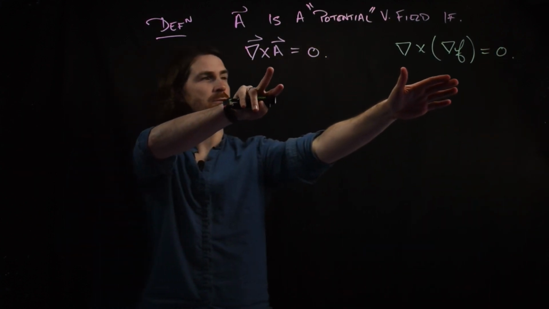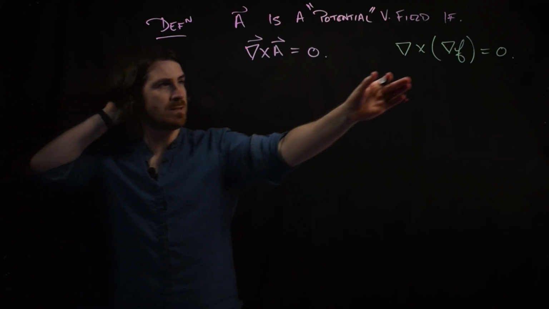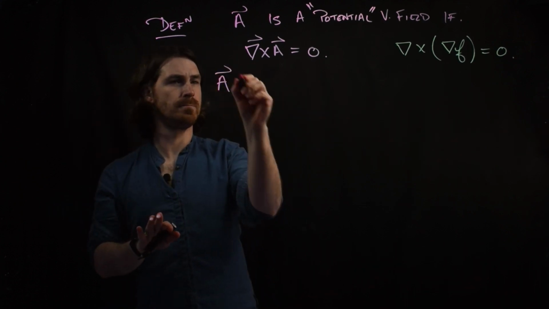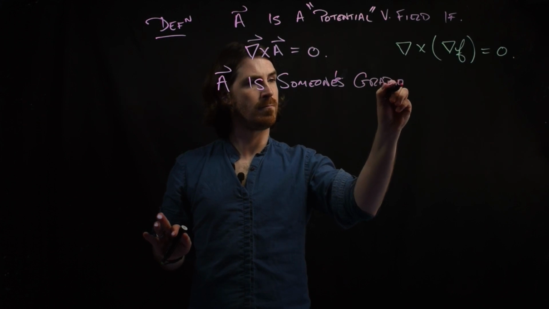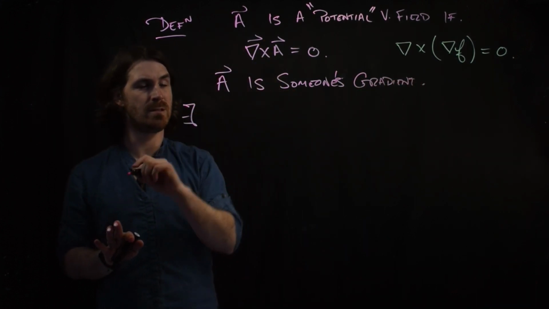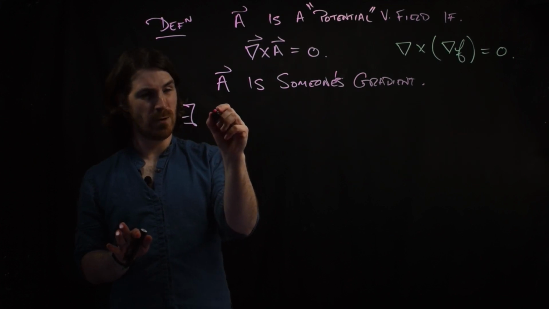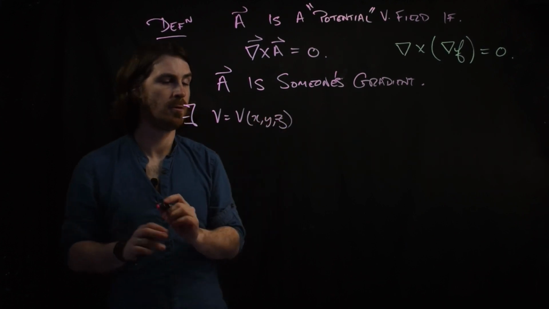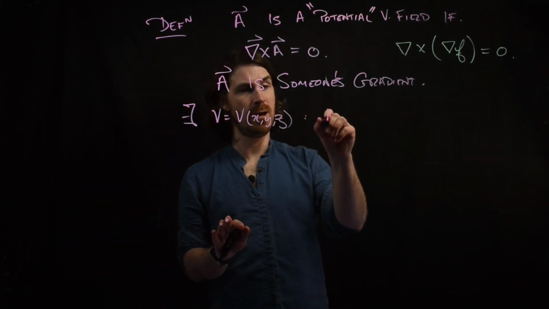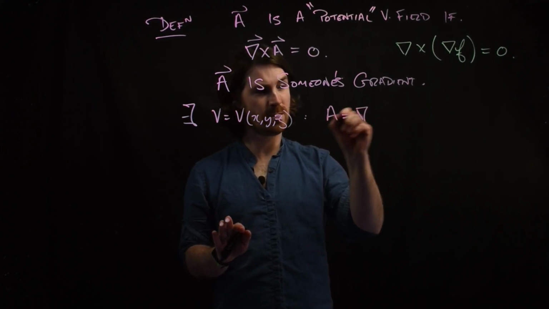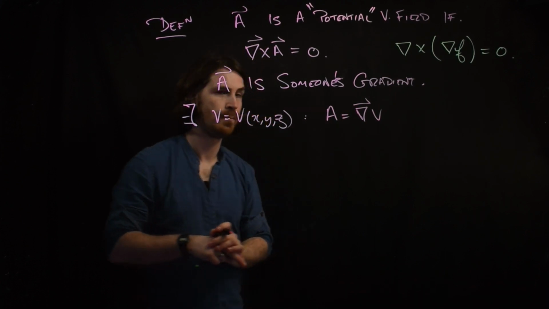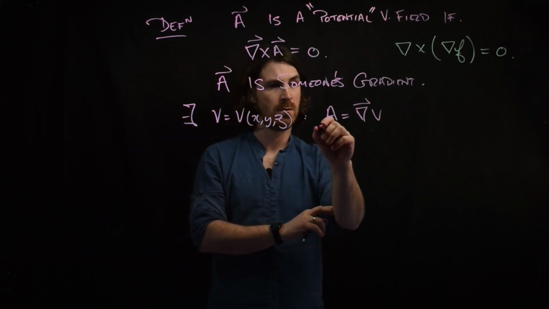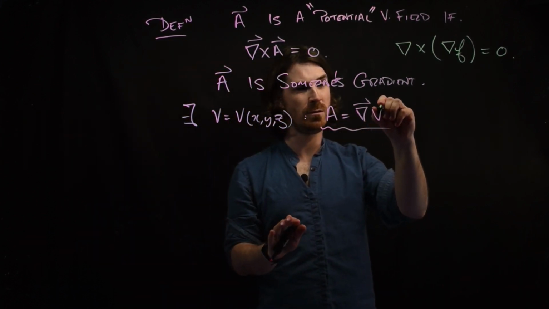So if we compare these two things, this tells us that A must be someone's gradient, i.e. there exists a function v that depends on x, y, and z, for which A equals the gradient of v. And this v is called the potential.